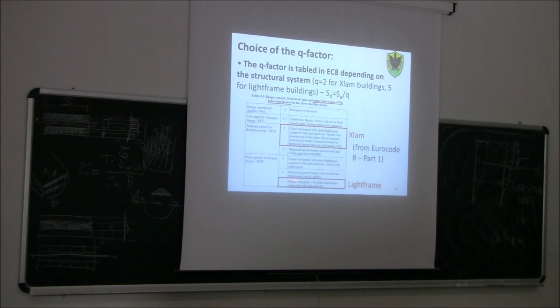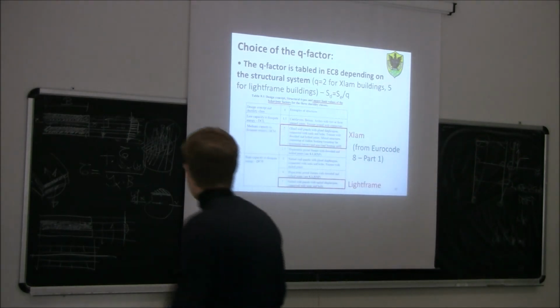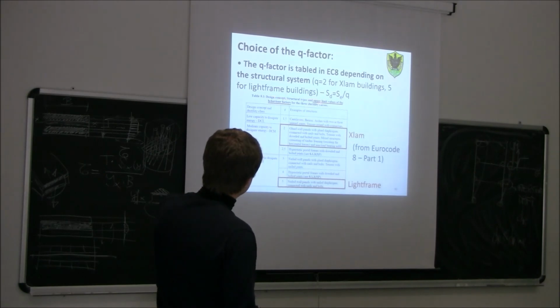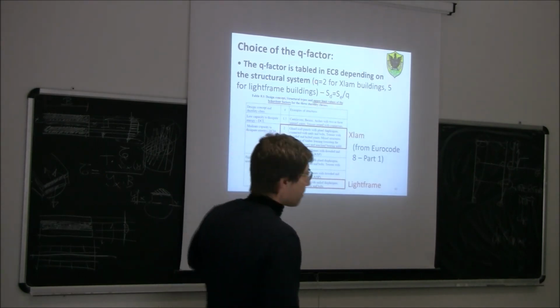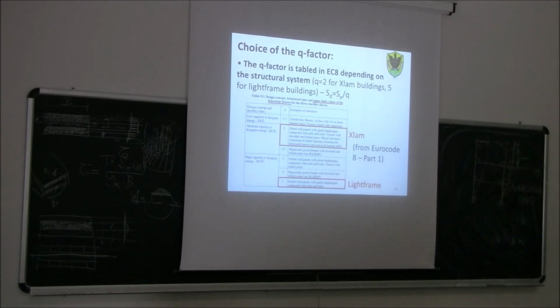And for nailed wall panels with nailed diaphragm connected with nails and bolts, the diaphragm system is basically 5. So the values that we can choose are tabled in the Eurocode. Note that those are upper limit values of the behavior factor, which means that we cannot exceed those values, but we can also use lower values.